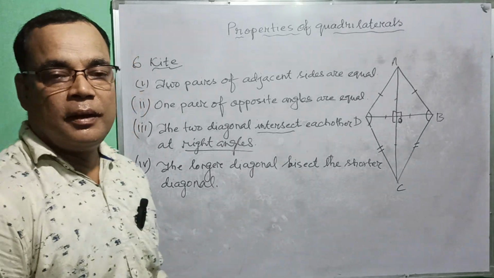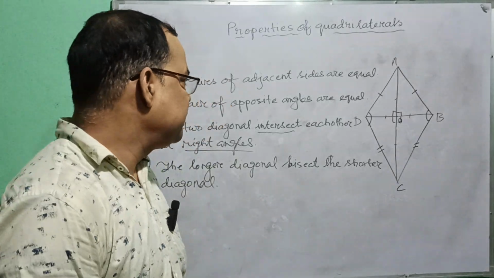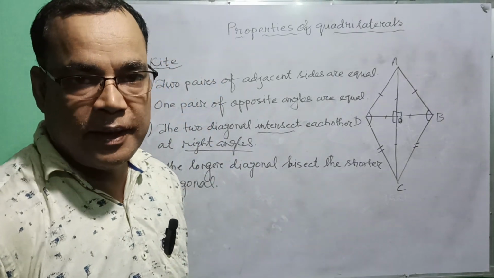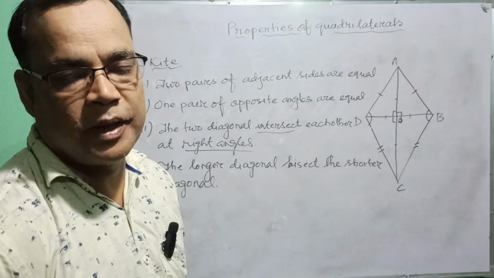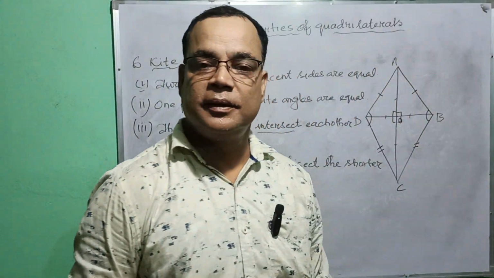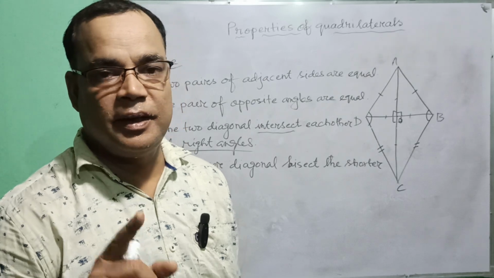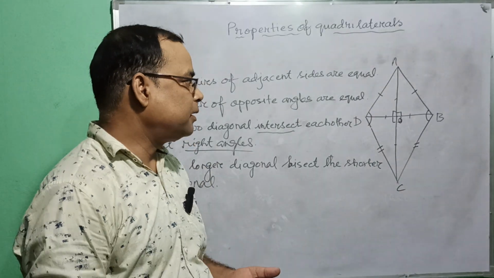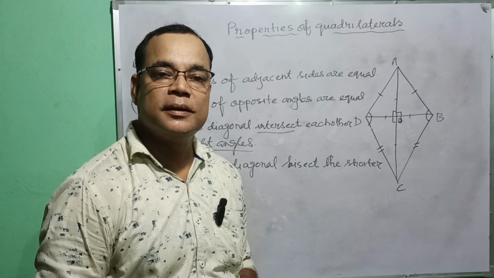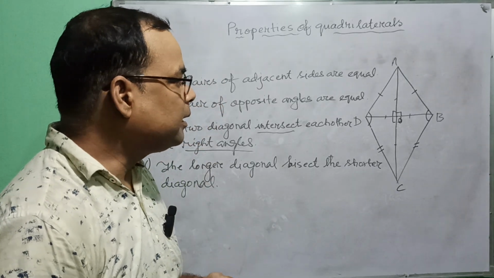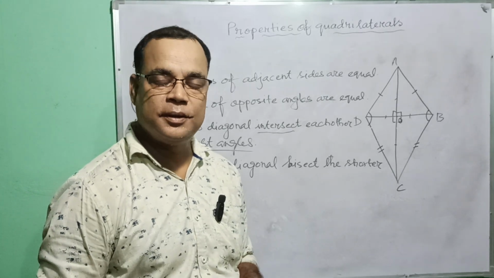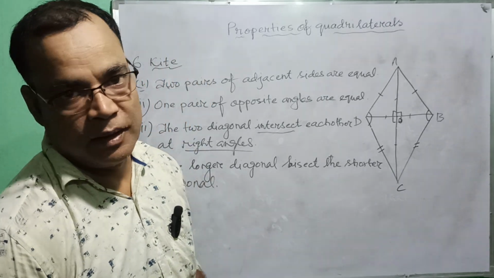Before finishing my video, I want to tell you that one more property is common to all quadrilaterals: the sum of all the 4 angles is 360 degrees. In a triangle, the sum of 3 angles is 180 degrees, but in any type of quadrilateral, the sum of the 4 angles is always 360 degrees.